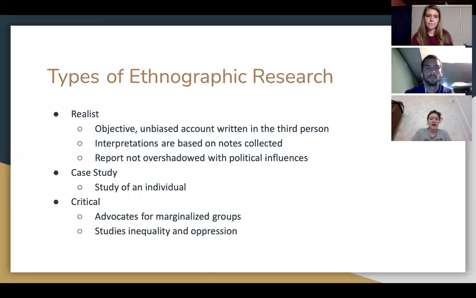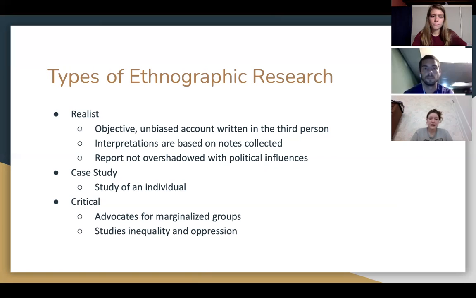There are three types of ethnographic research. The first is realist. Realist is typically the most popular approach, and it uses an objective account of the situation. It's typically written in third person point of view to, once again, objectively report on information learned from participants, and it adds no personal bias or political bias.